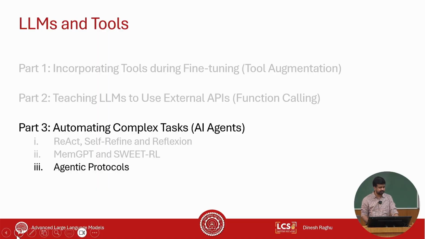The way we described ReAct or Self-Refine or Reflection or MemGPT, if you have not worked with AI agents, your opinion would have been that maybe I'll have to write the entire code from scratch and make it work for my use case, right? But there are a lot of agentic platforms or frameworks out there that let you build agents as quickly as possible.